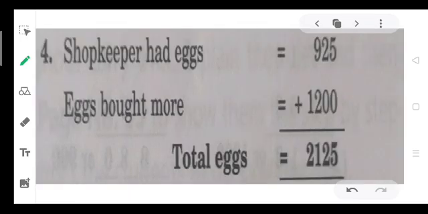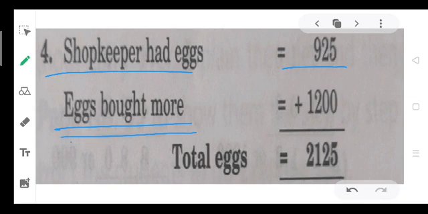Solution in front of you. Shopkeeper had eggs 925. Eggs bought more, or you can write more eggs bought is equal to 1200: 0 in ones place, 0 in tens place, 2 in hundreds place, 1 in thousands place, and last statement is total eggs, and now you will add it. At the end you will write the answer statement.